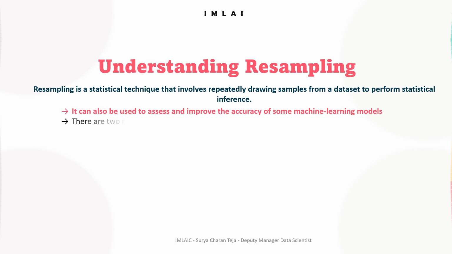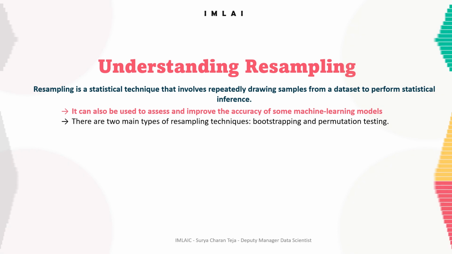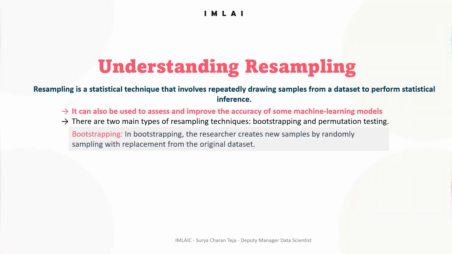There are two main types of resampling procedures, the bootstrap and the permutation test. The bootstrap is used to assess the reliability of an estimate. It was discussed in our previous course, where we explained each and everything with examples. If you want, you can watch that.